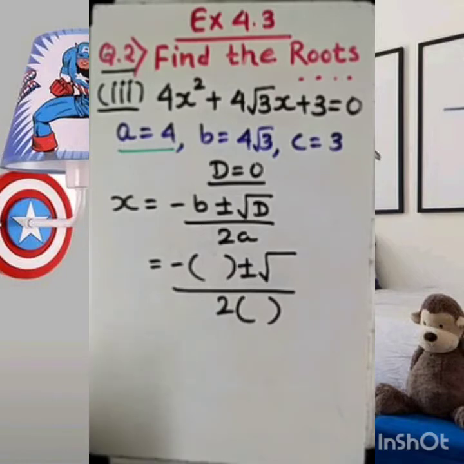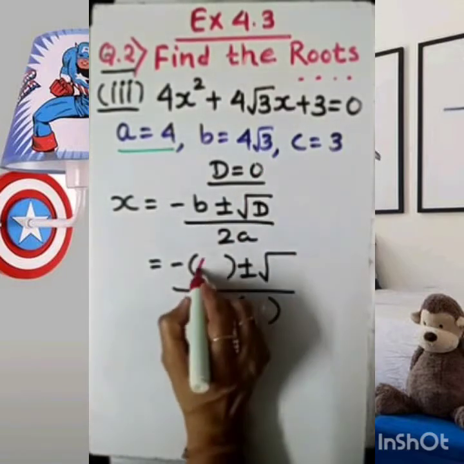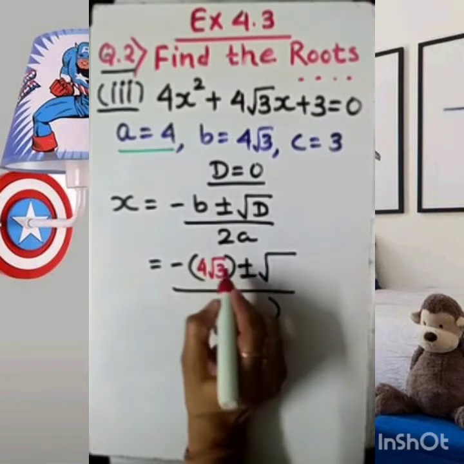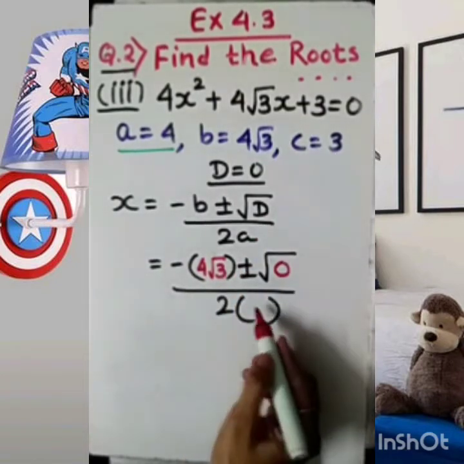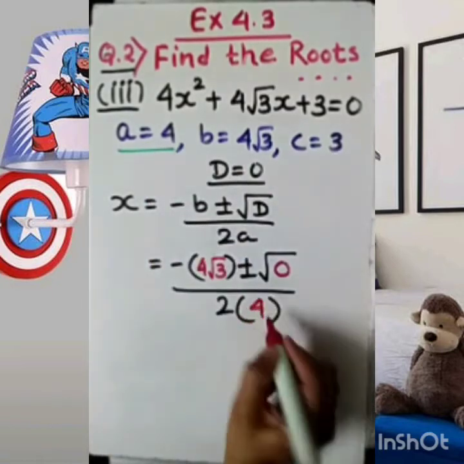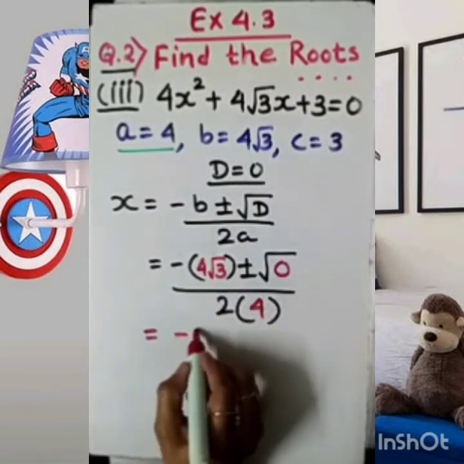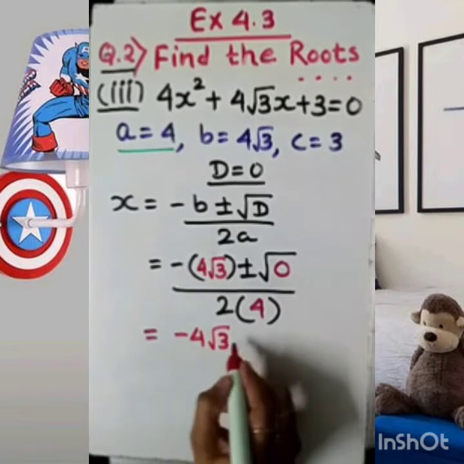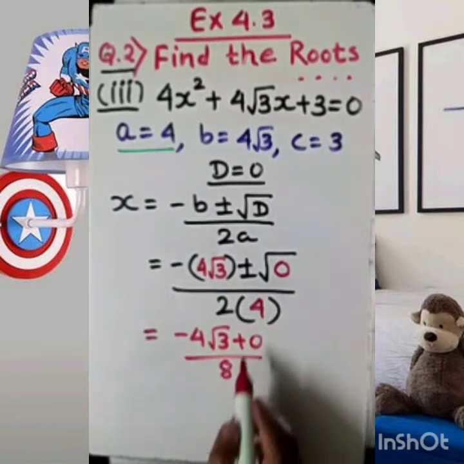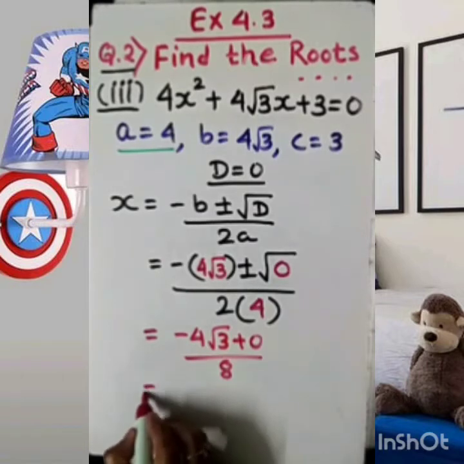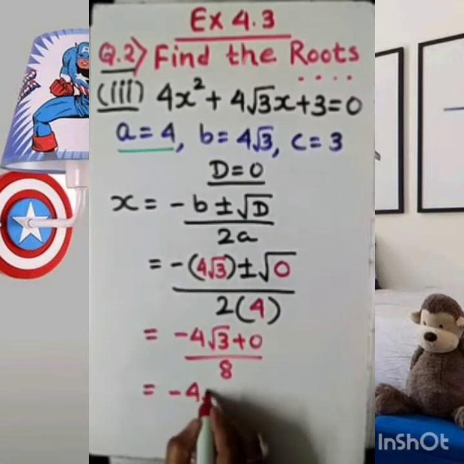What is the value of b? 4 root 3, so I am mentioning it here in the bracket. And D, its value we already got, 0. What about a? It's 4. So here minus 4 root 3 plus 0 upon 2 into 4, that is 8. Now we know that plus 0 gives the similar result. So minus 4 root 3 upon 8.